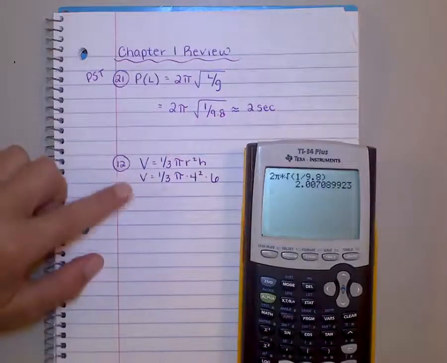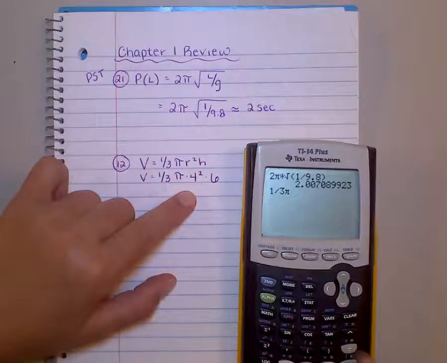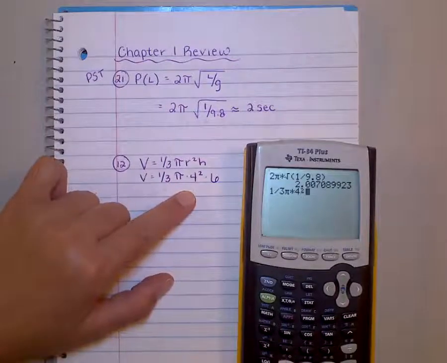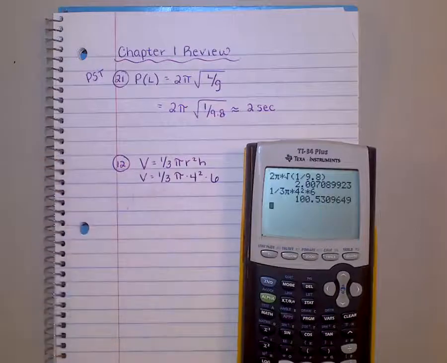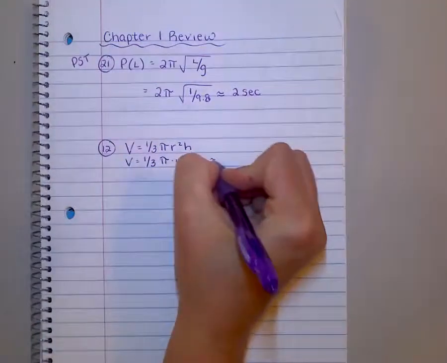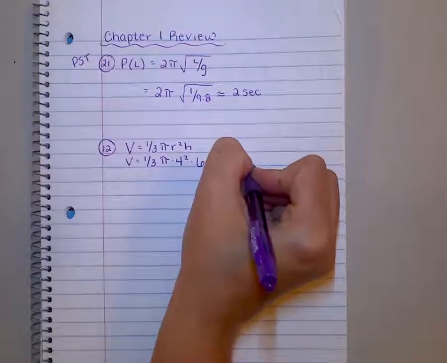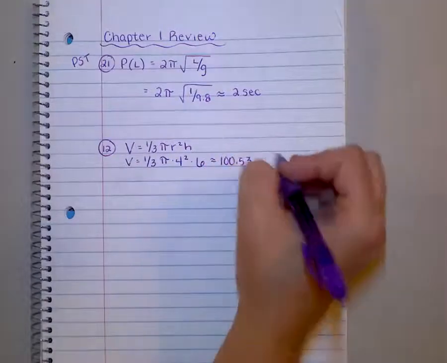When I type this into my calculator, it's 1 divided by 3 pi, and then times 4 squared times 6. And I get, as a decimal, about 100.53. That's volume, so that's going to be cubic centimeters.